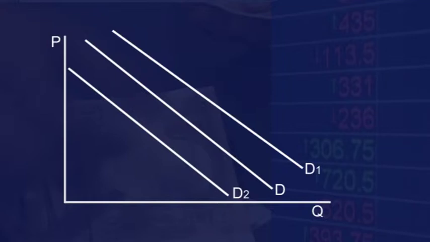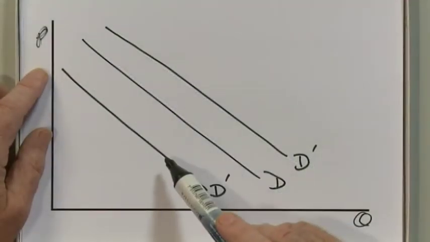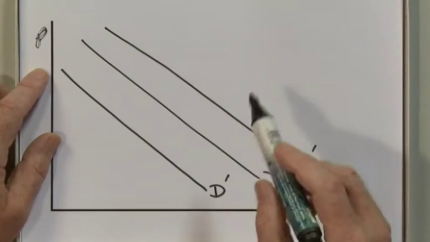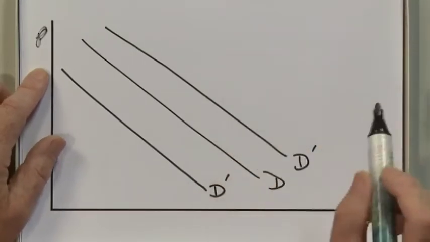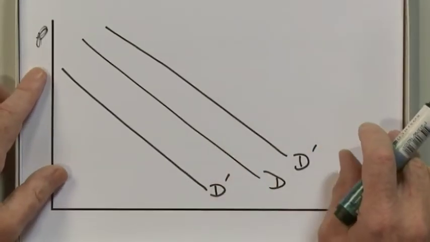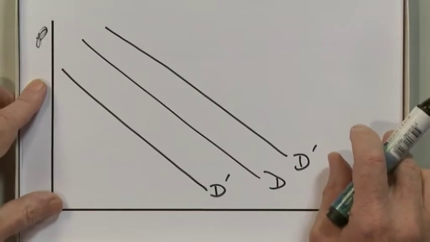These are called inferior goods, where as income rises, we can afford a better substitute. So the demand for sausages might fall as income rises because people can now afford steak instead. But for most goods, as income rises, the demand curve shifts out in that way.